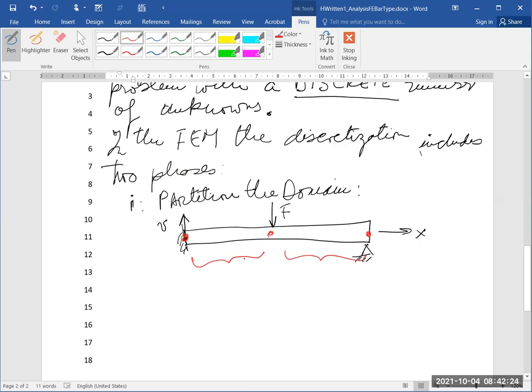Each one of these partitions, we call a finite element. For example, this is number 1, and this is finite element number 2. So we're going to consider what happens in this and also in this. And of course, you can think that instead of partitioning this domain in 2 parts, we can partition in, I don't know, 5 or 10, whatever parts.